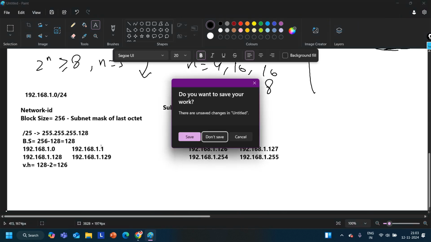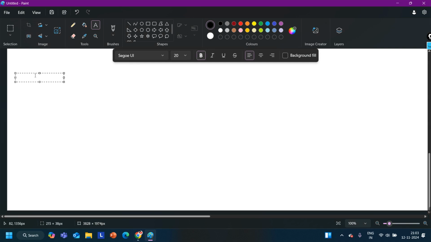Now the second thing is, if I have the same network, but this time the slash value is 26, 192.168.1.0, not slash 25, slash 26, how many networks are there? Subnets. How many subnets? 4. 2 power 2. How do you find how many bits I have borrowed?